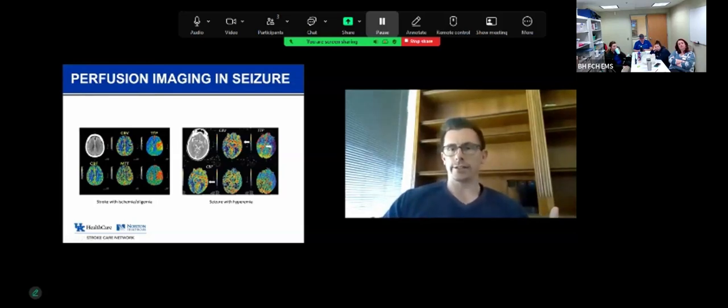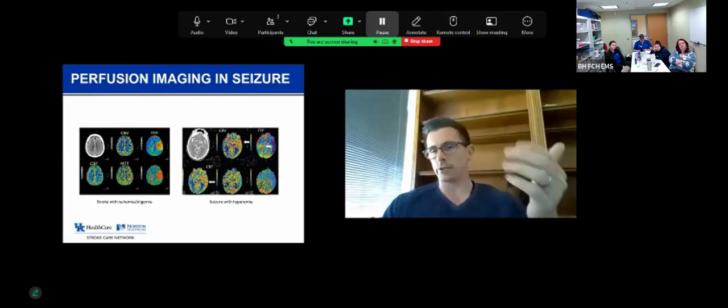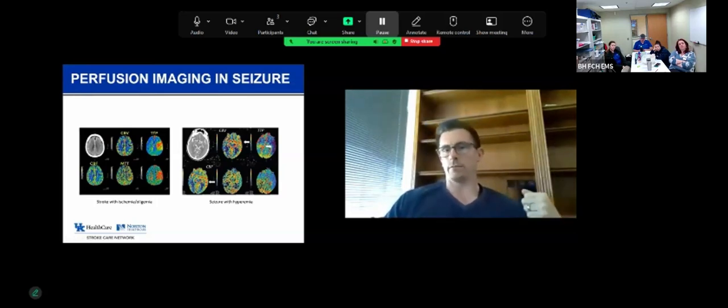If you just looked at this, you saw a patient in the emergency room with aphasia and right-sided weakness, you look at their CTP, aha, there's asymmetry. This is a large vessel occlusion stroke. This person needs to go to the OR. But what we're actually seeing here is the opposite. The blood flow is excessive in the hemisphere that's dysfunctional, and that is a finding that we see in seizure rather than stroke.